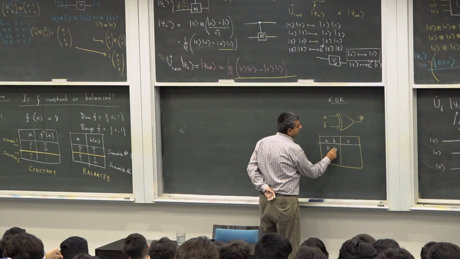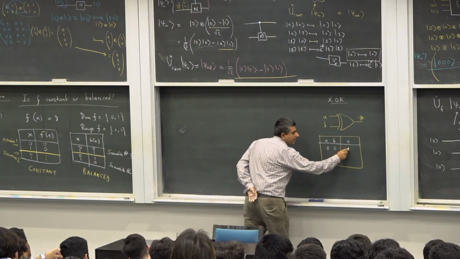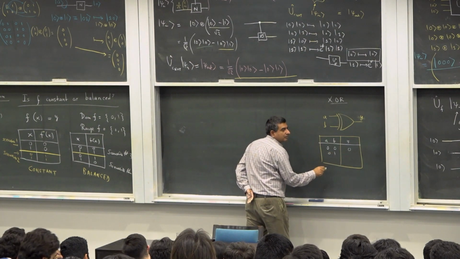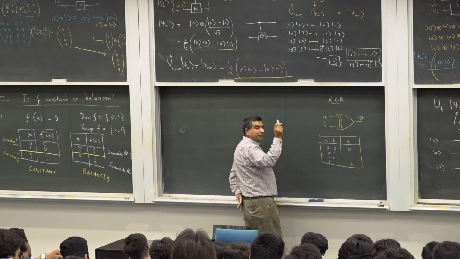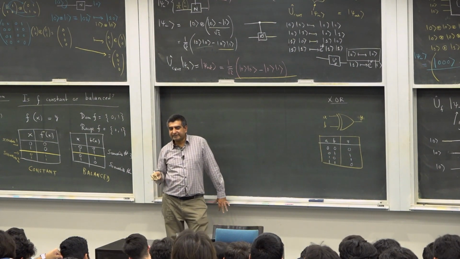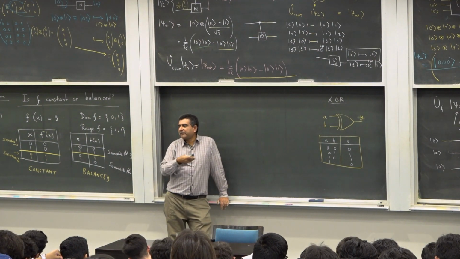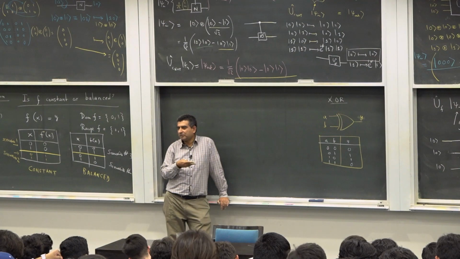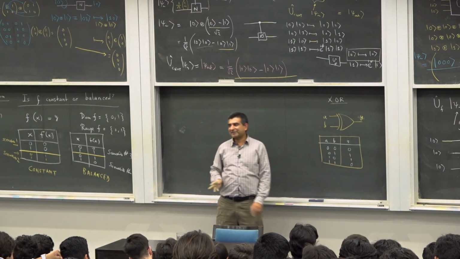If both inputs are 0, the output is 0. If both inputs are 1, the output is still 0. But if only one of the inputs is 1, the output would be 1. So it takes an exclusive OR of the two inputs. This is how we define an exclusive OR. An OR gate would also have 1 over here, but this is an exclusive OR.